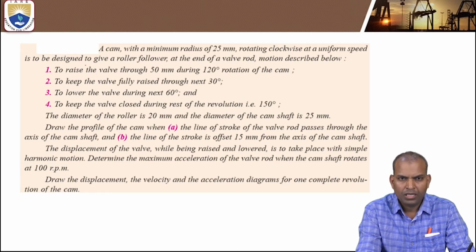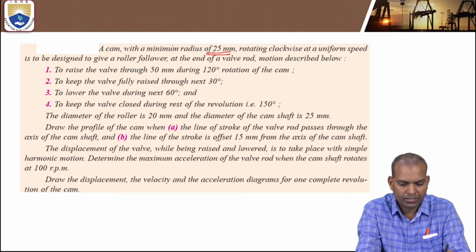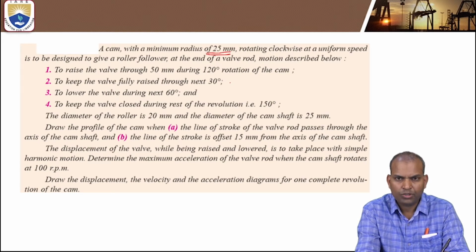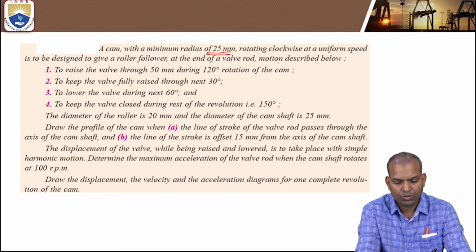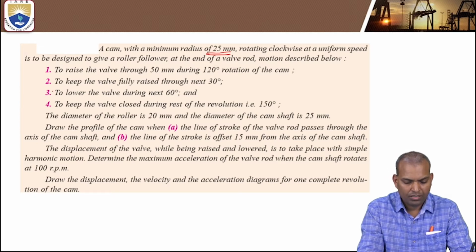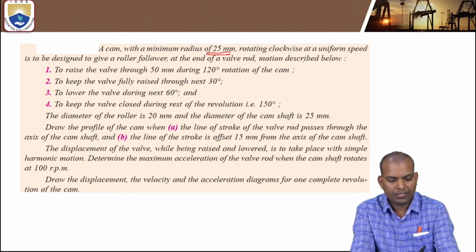It is a cam profile with a minimum radius of 25 mm rotating clockwise at a uniform speed, to be designed to give a roller follower at the end of the valve rod motion described below. So, the uniform speed is of what?